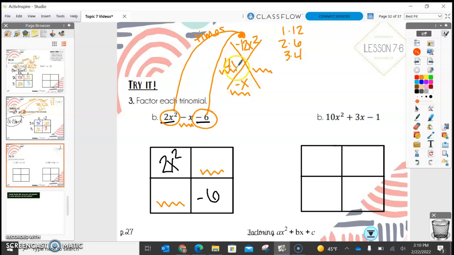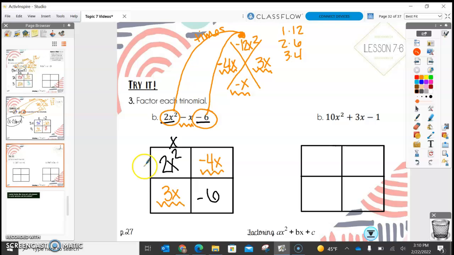So if I put a 4x times a 3x, I get 12x squared. But if I make my 4 negative, negative 4x plus 3x will add to my bottom. Again, it doesn't matter where you put your negative 4x and your 3x in your rectangle. Just look at your outsides now to try to make the pattern.